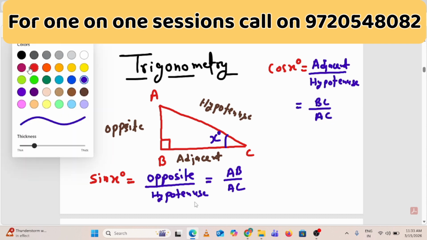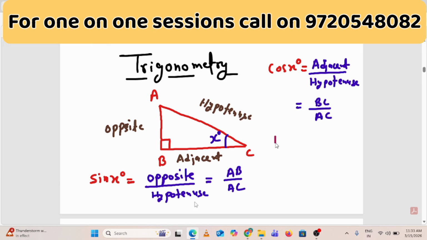And the next is tan of X. This is your opposite over adjacent. Understood? So you can write it like AB over BC. Understood? No confusion?